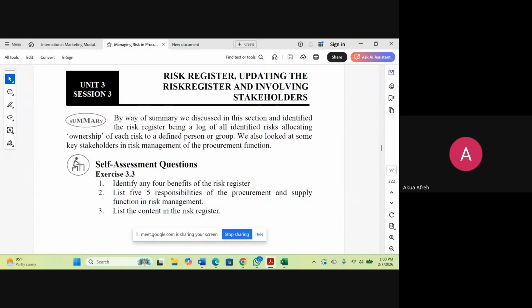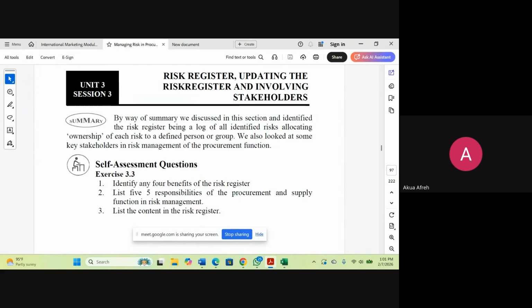Then we need to involve them because it helps with better communication in times of crisis. Because the stakeholders are involved, if anything happens, they are in the know already, so that they don't come and blame us for things that we have not done.